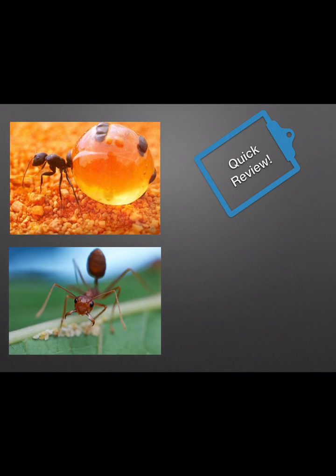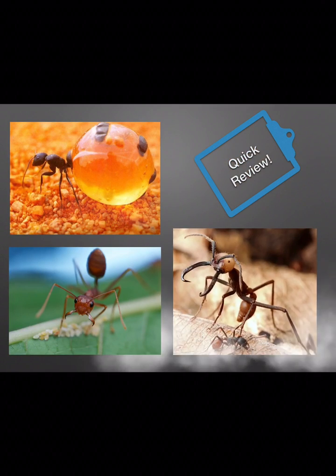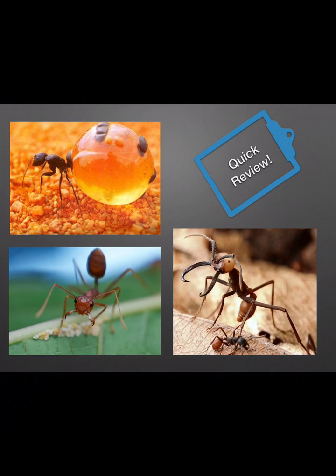We have weaver ants that use their baby's silk in order to make these nests in trees instead of living in tunnels in the ground. And then we have army ants that don't let anything get in the way, and they colonize other colonies of ants no matter what the species is, and they take slaves with them. They're unstoppable.